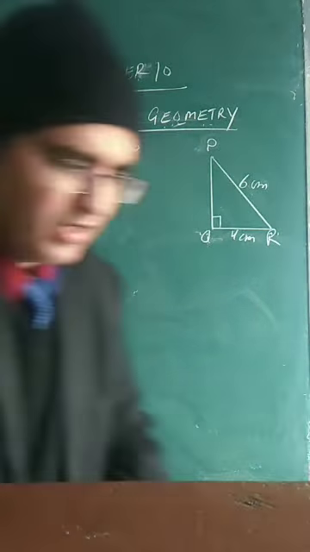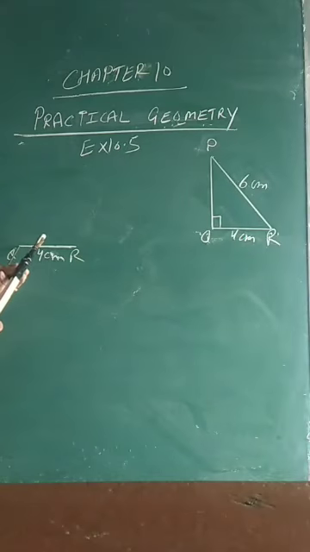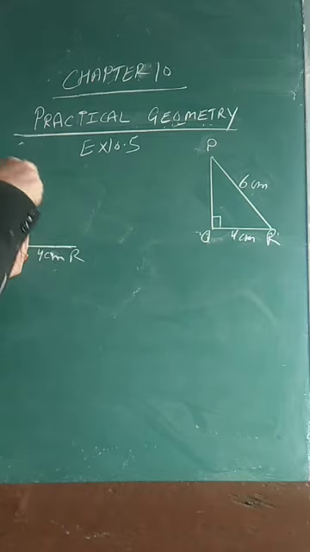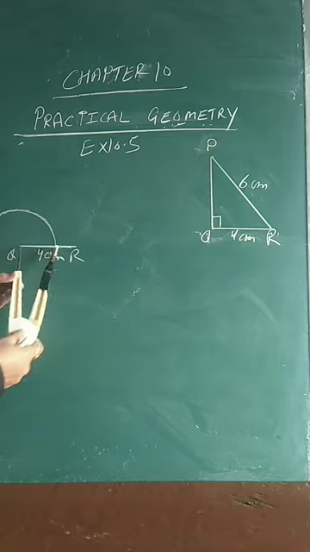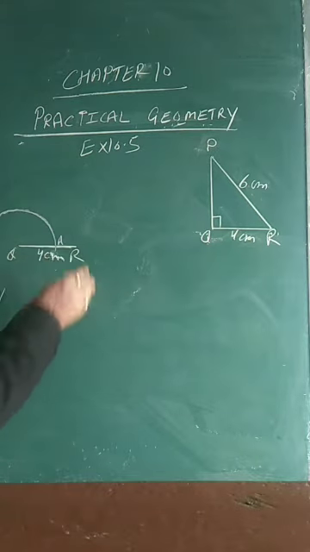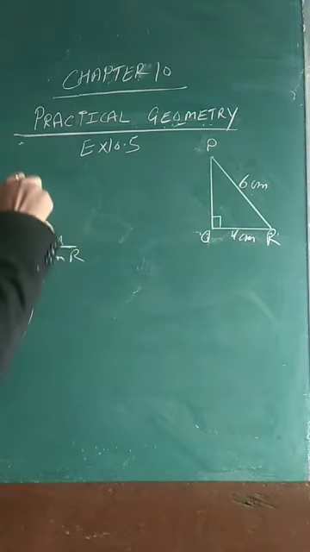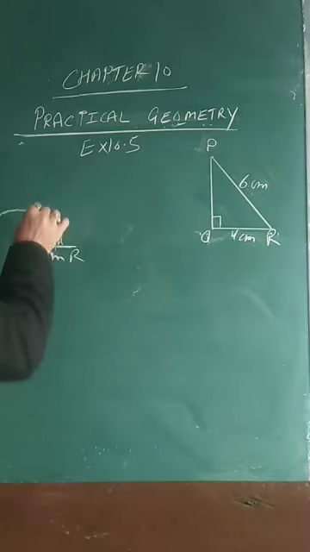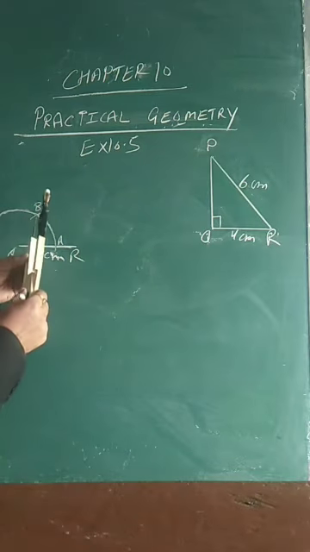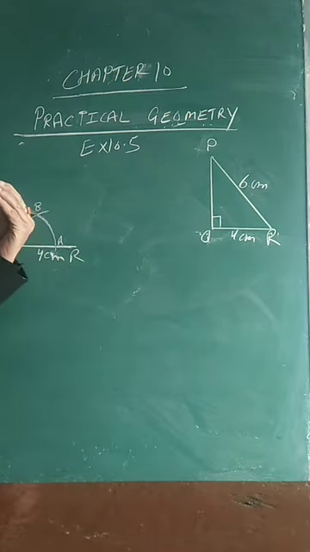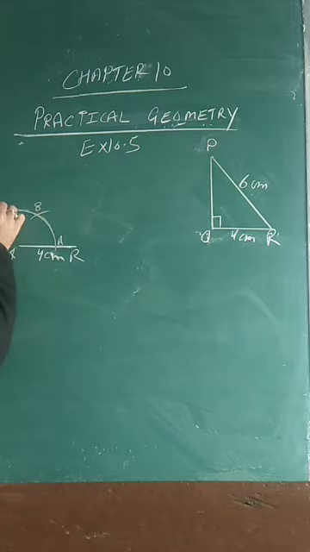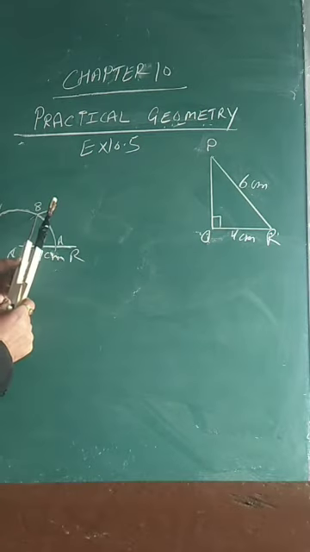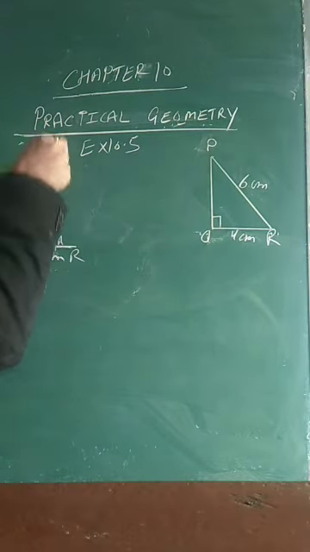Taking Q as a center, cut an arc of any radius. Now which is intersecting this QR at point A, taking A as a center, cut an arc on this previous arc. This point of intersection is B, then taking B as a center, cut an arc intersecting at point C. Now taking B and C as center, cut an arc in the upward direction.